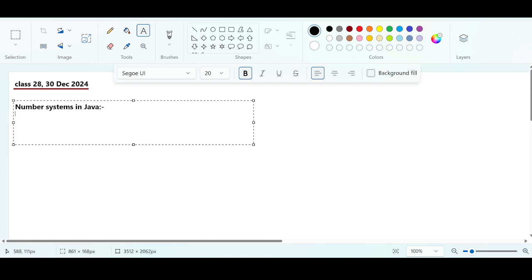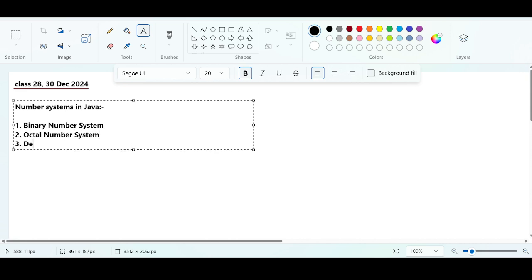In Java, if you talk about number systems, Java supports four number systems. One is the binary number system. The second one is the octal number system. You also have the decimal number system. And the last one is the hexadecimal number system.